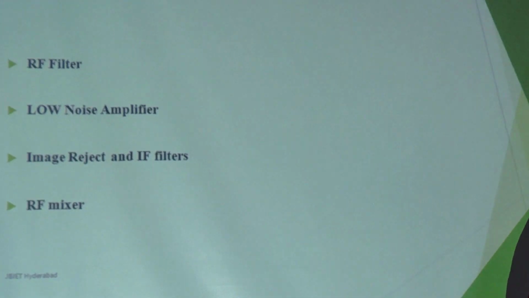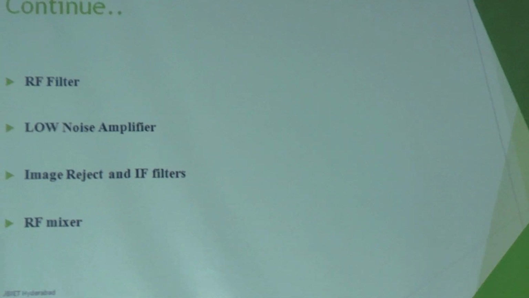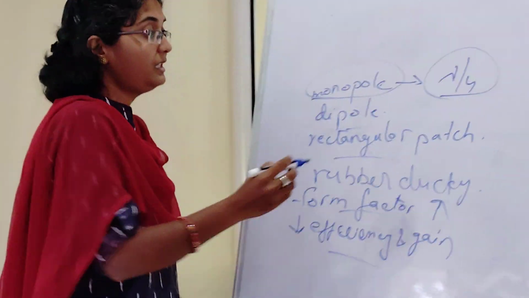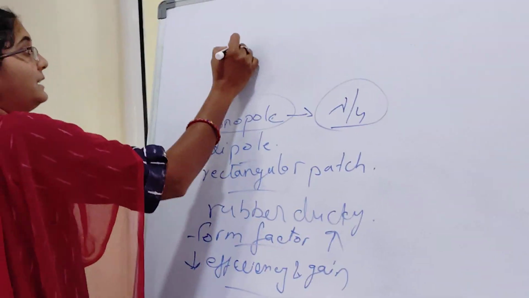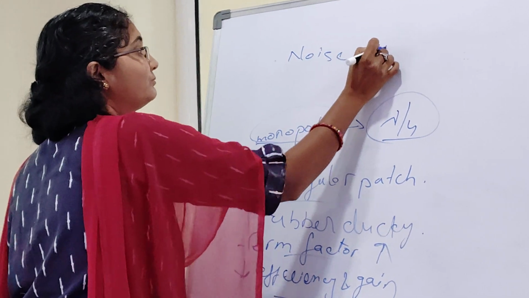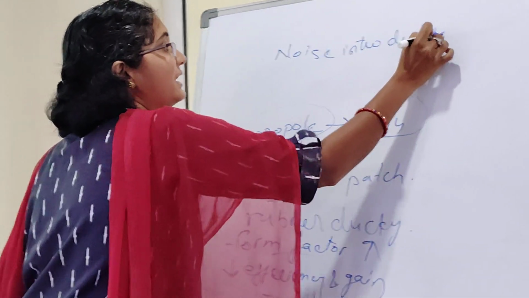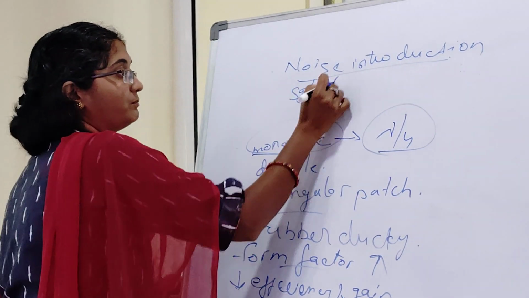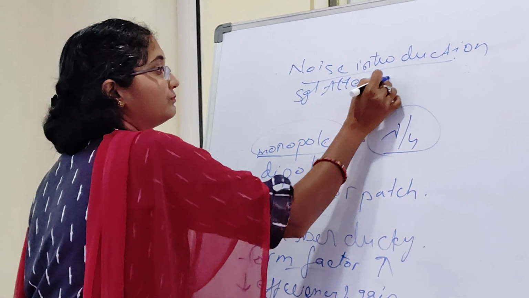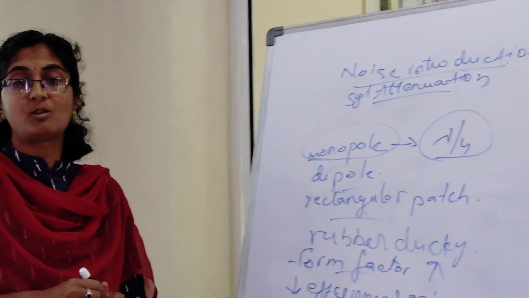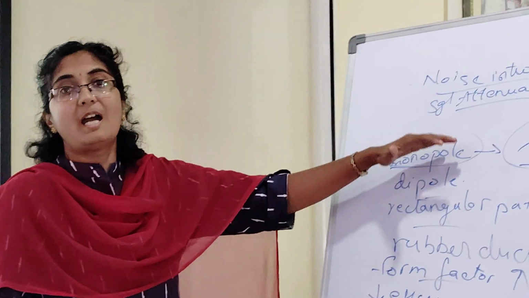One main thing we need to consider when we are talking about the filters and amplifiers is noise introduction and signal attenuation. They introduce noise and also the signal bandwidth may be attenuated.